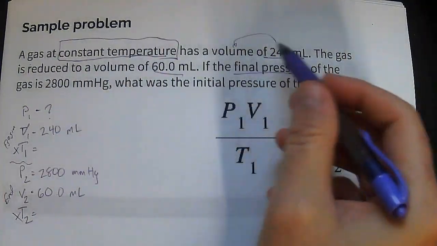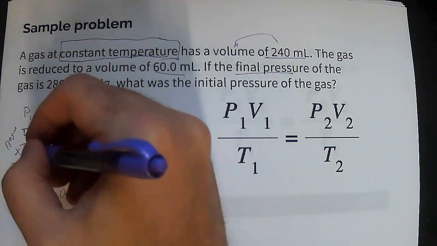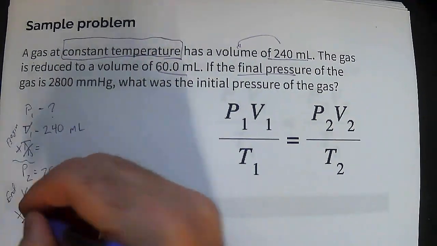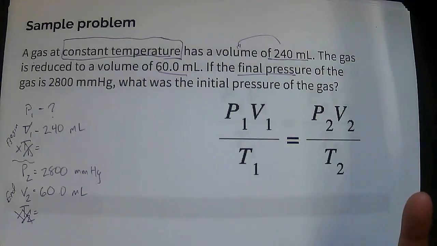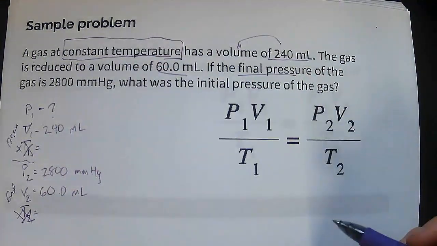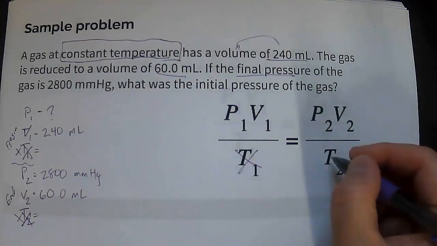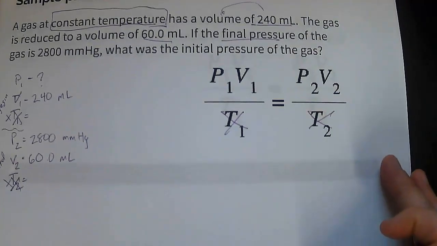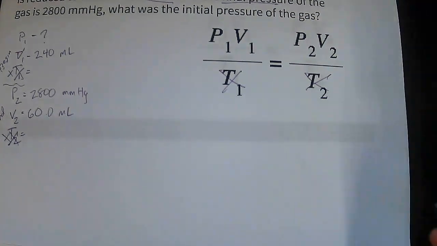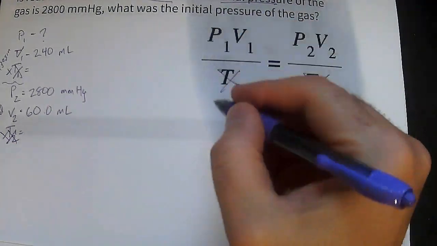Or we can go through and find all the numbers, and because temperature wasn't given, we assume that it is constant, even though it says it up here. So now I'm going to cross this off right in our formula, and now I'm going to plug in our values. We don't have P1.